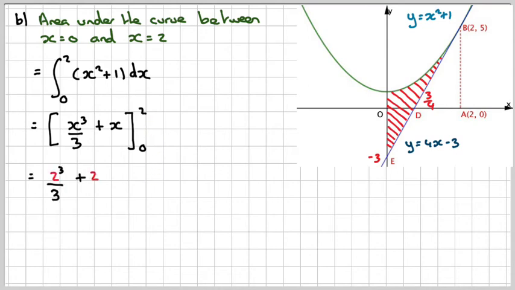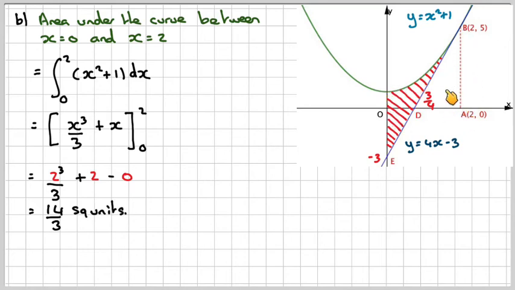So that gives 2 cubed over 3 plus 2, substituting it in, minus 0. Be careful when you put 0 into an integral, just make sure everything is actually 0, so just write minus 0. That will give you 14/3 square units. So that gives me this area here.